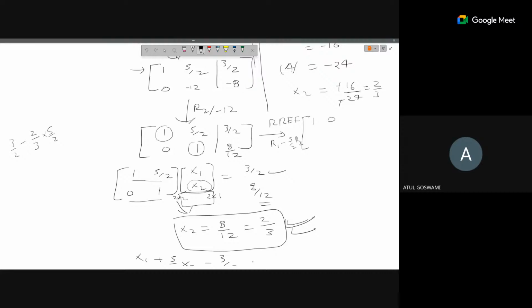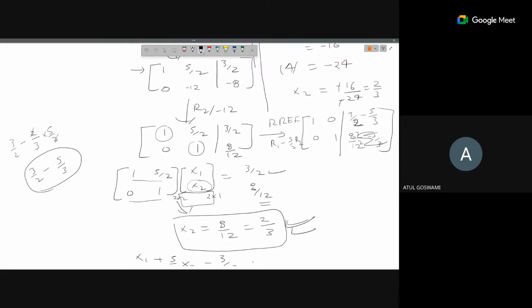So we get 3 by 2 minus 5 by 3. Okay, so exactly the same thing. So here I get 0, 1, and in the first place 3 by 2 minus 5 by 3, and second this is the same 8 by 12, or 2 by 3. Okay, so this is what you got.